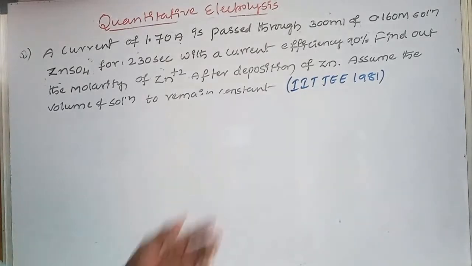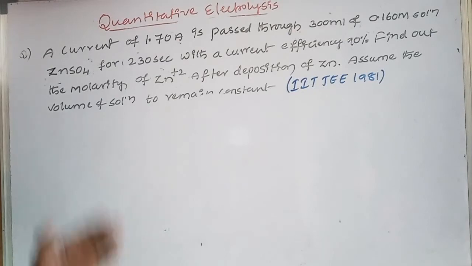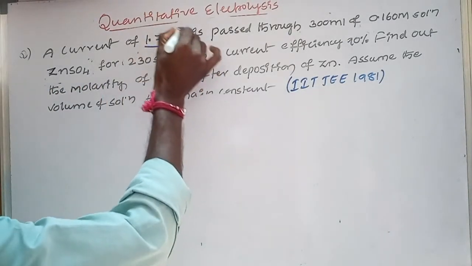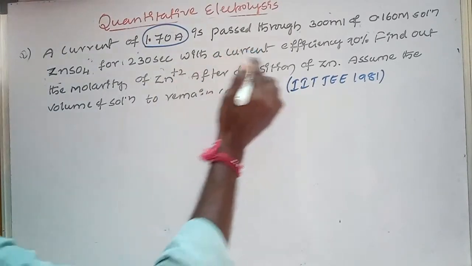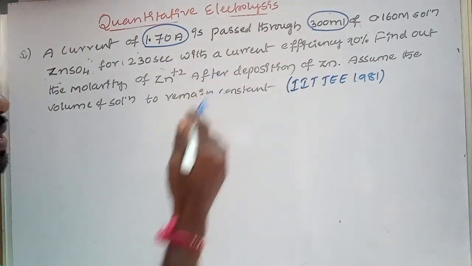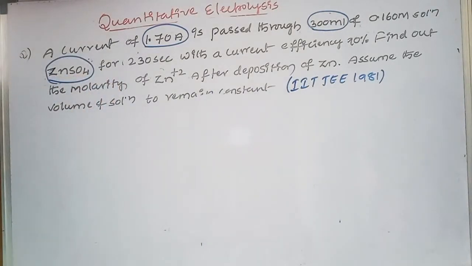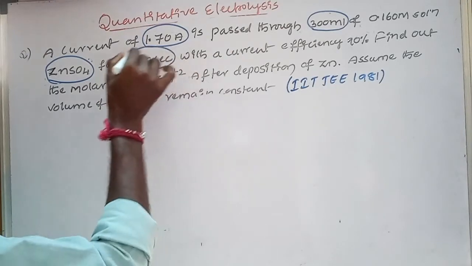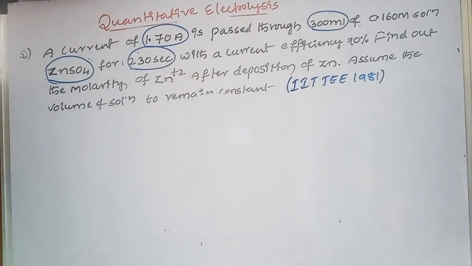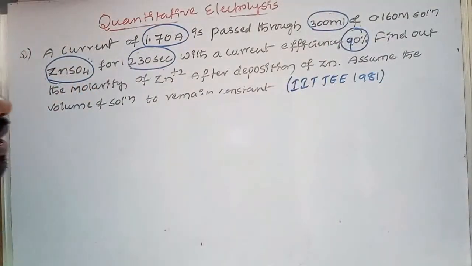Okay, next question. This is IIT JEE 1981. A current of 1.70 ampere is passed through 300 ml of 0.16 molarity electrolyte zinc sulfate solution for 230 seconds with a current efficiency of 90%.